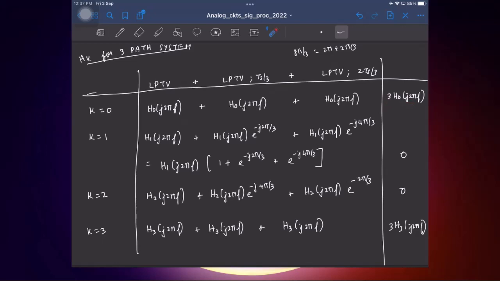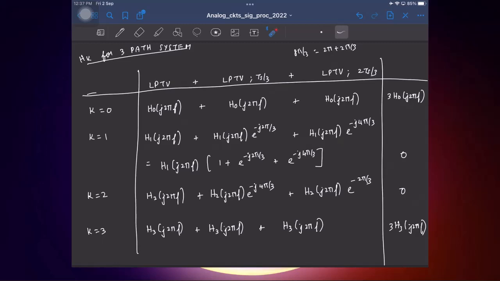Is that fine? Great. So now if you look at it, the way we have made these harmonic transfer functions 0 relies on 2 important things. One is the fact that we had the same h1 in all the 3 systems, right? Which means that the 3 systems are indeed identical except for the delay.